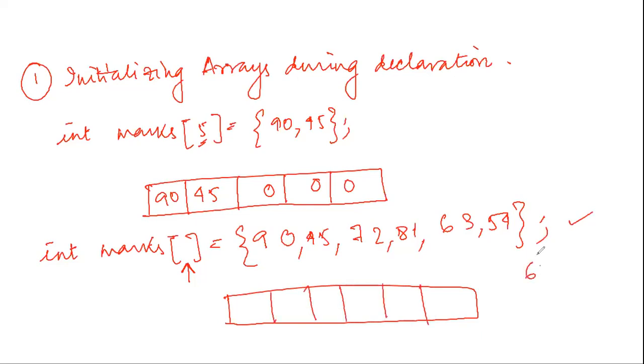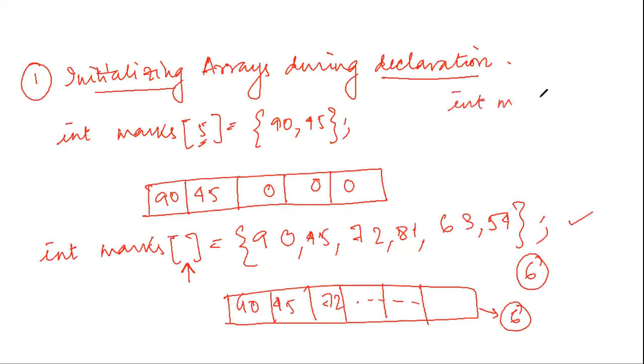Only 6 elements are entered, so only 6 spaces will be allocated, and the elements will be filled up. So if you do not write the maximum size, it is legal only when you are initializing during the declaration statement. If you only write the declaration, it is not legal, because here you are only declaring and not initializing. So for this the index is mandatory, but if you are doing declaration and initialization together, you can leave this space blank.